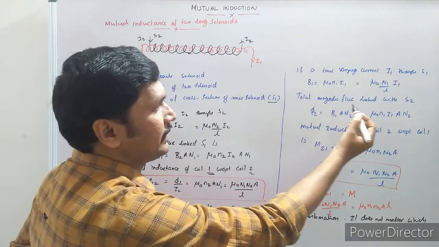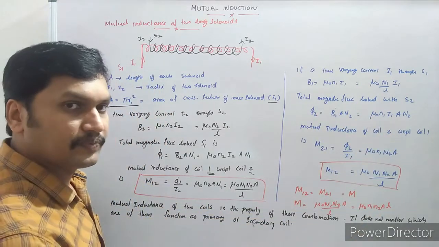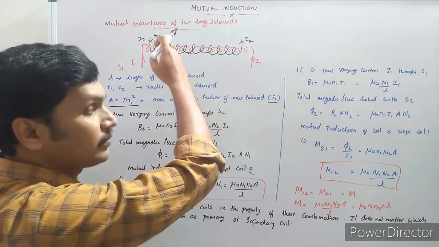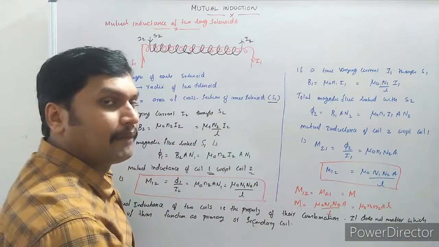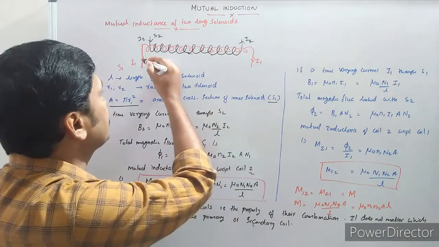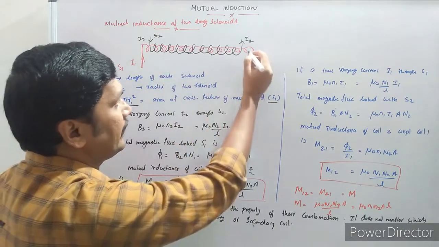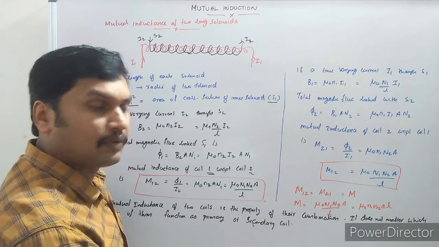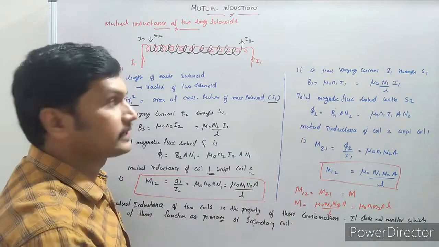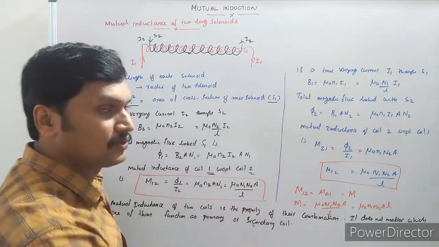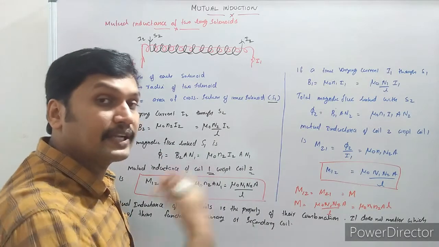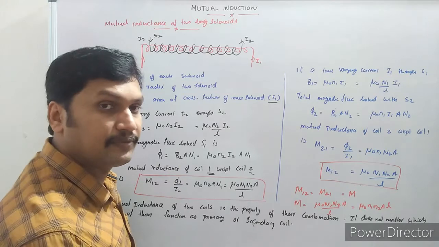So the total magnetic flux linked with S2. Remember, S2 is the outer coil, but this magnetic flux is only for the inner area A, pi R1 square. Once you are calculating the flux of the secondary coil S2, we can use only the inner area, because outside S1 there is no magnetic field.